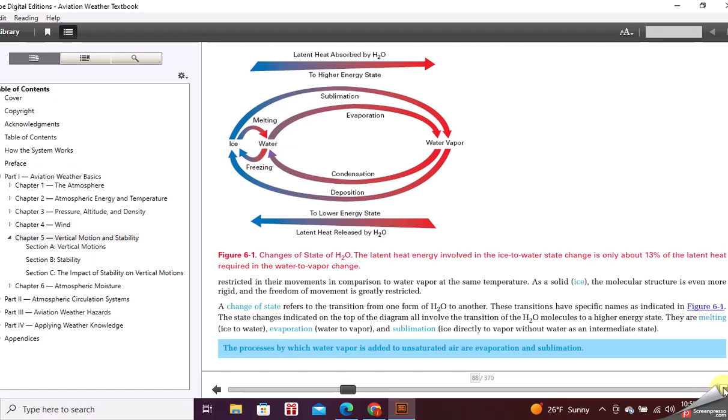Now, remember the air around that is also being either heated or cooled based on what is happening to that moisture. So that has implications for stability, which we just talked about, and for what kind of precipitation you're getting.